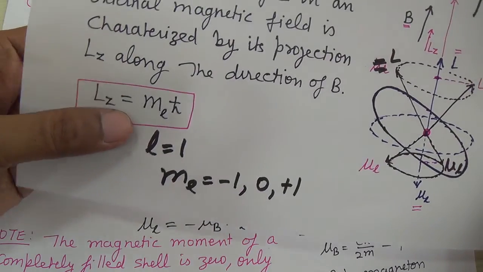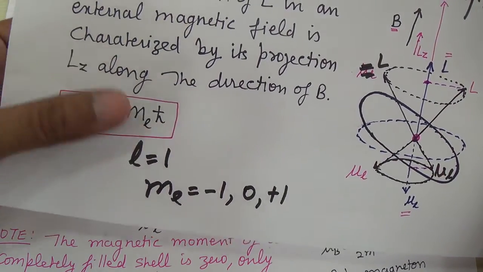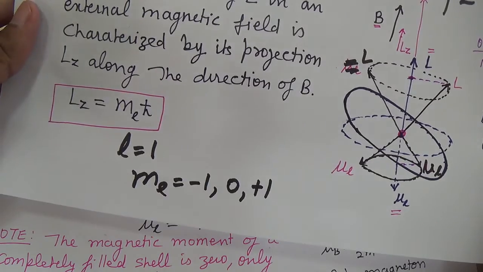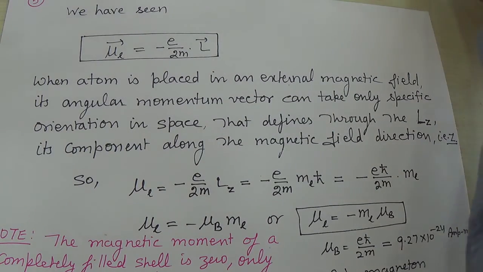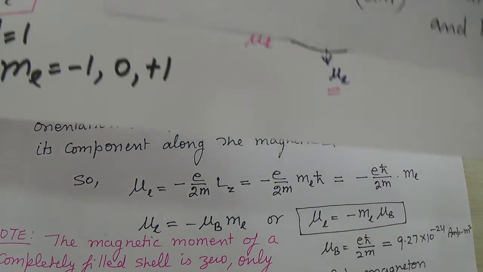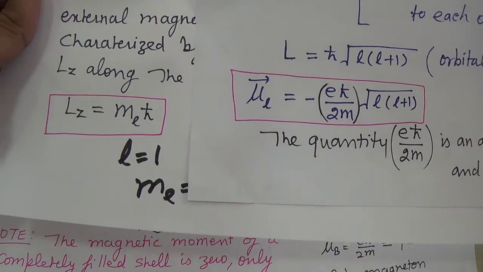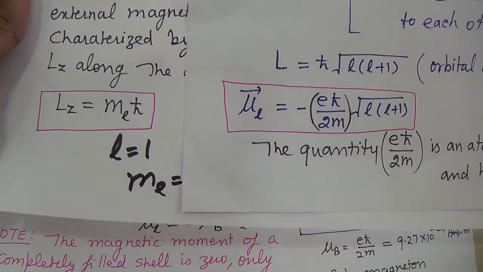So Lz will be equal to ml h cross, where ml is the magnetic quantum number. So which value do I have to put: the earlier one, h cross root of L(L plus 1), or Lz equal to ml h cross?